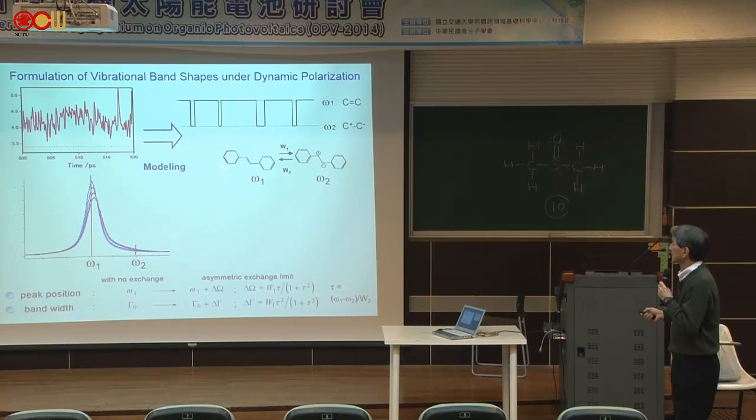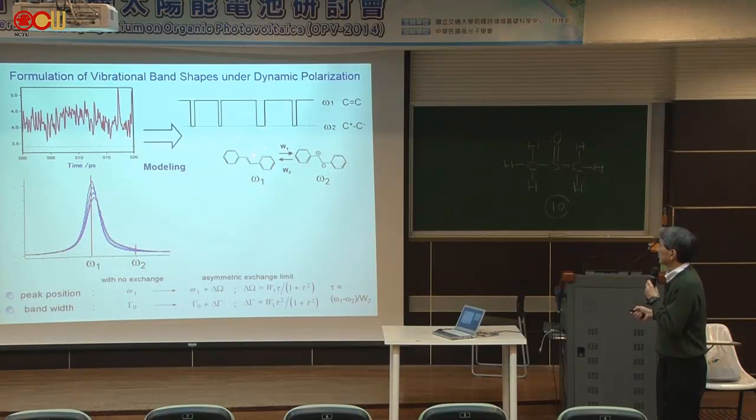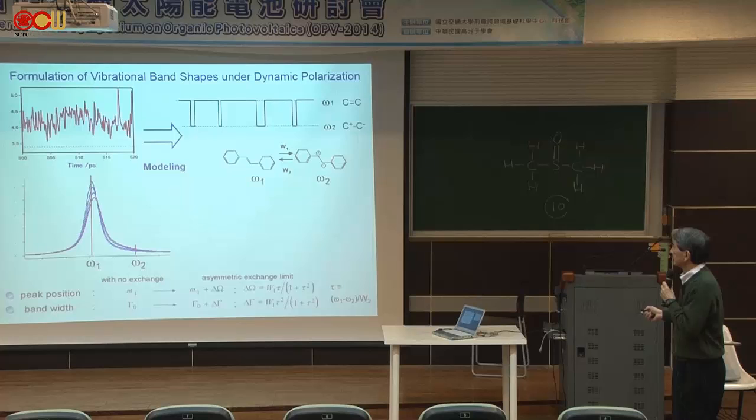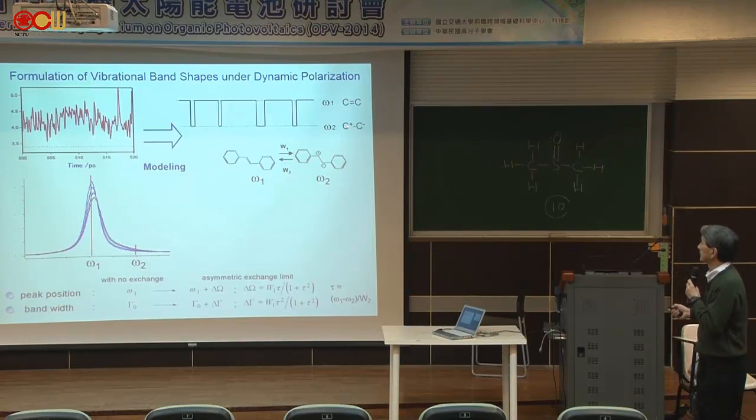But we think that the double bond occasionally is polarized into a single bond like that, but very quickly comes back. So here I plot the frequency like that. Most of the time, the molecule is in this double bond state.